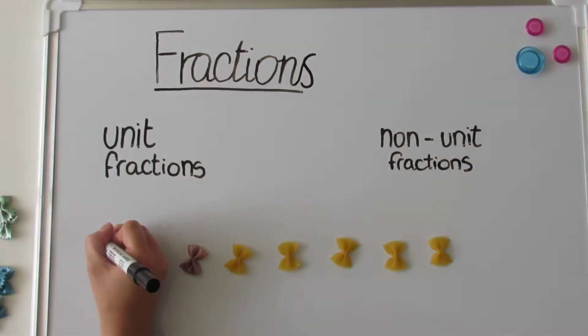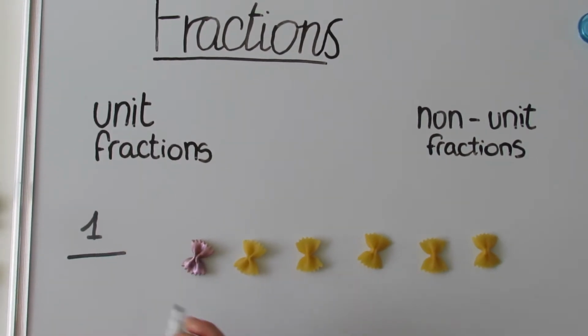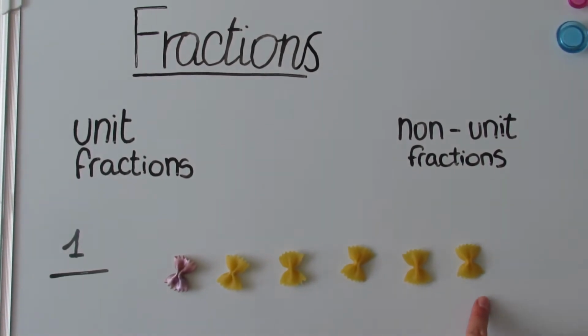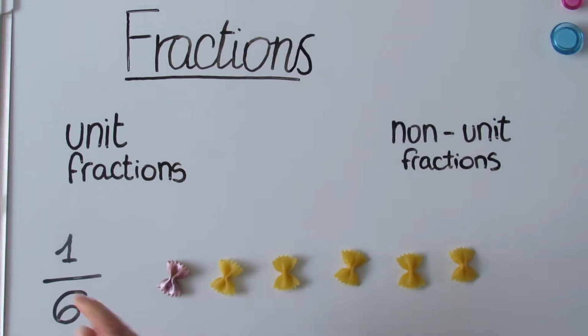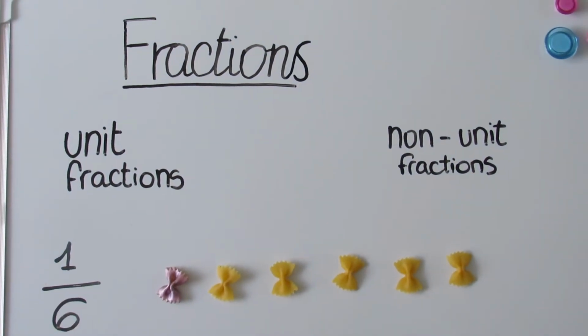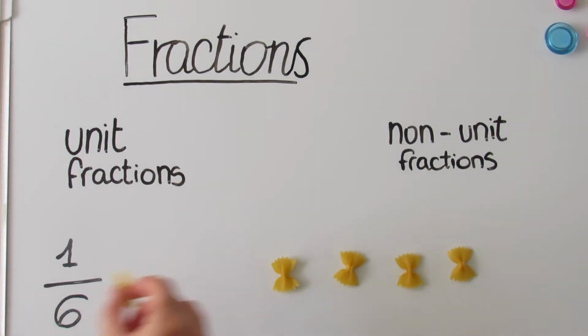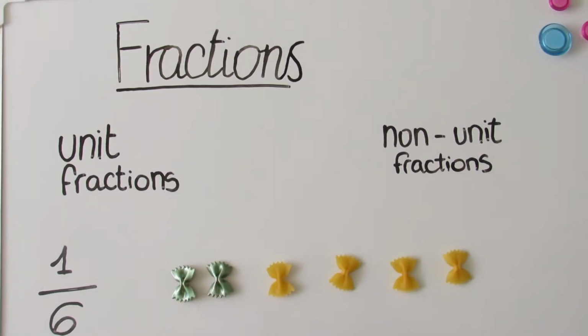So we have 1 pink, that is our numerator, over 1, 2, 3, 4, 5, 6 pieces of pasta. So it's 1/6.